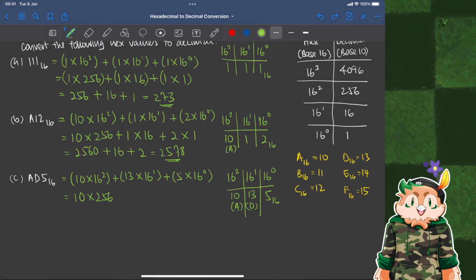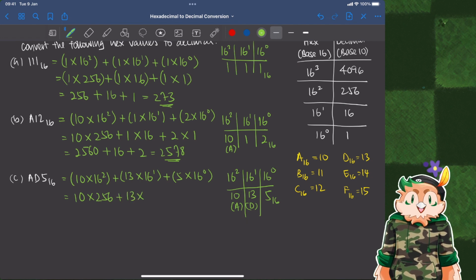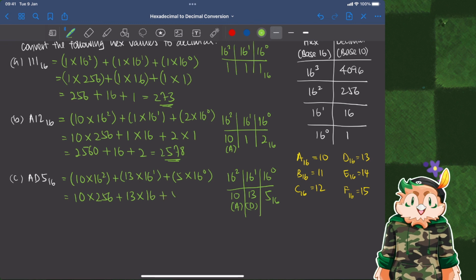So again, 16 power 2 is 256. 16 power 1 is just 16. 16 power 0 is just 1.